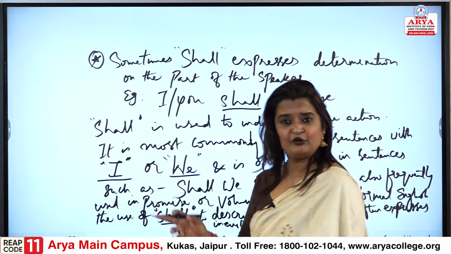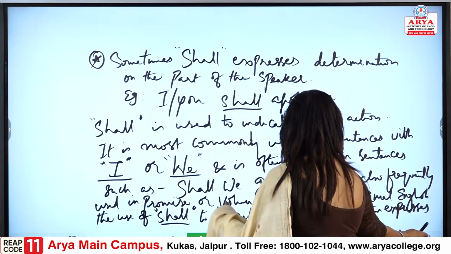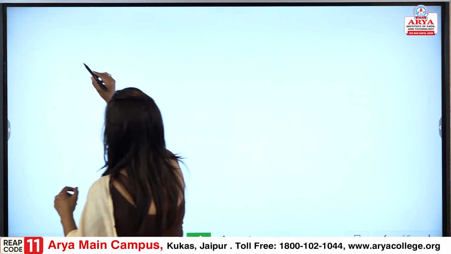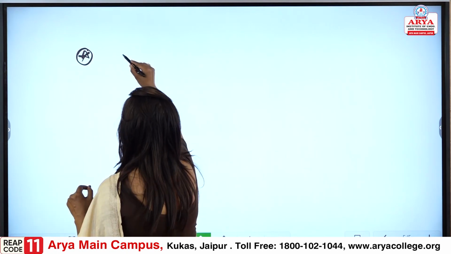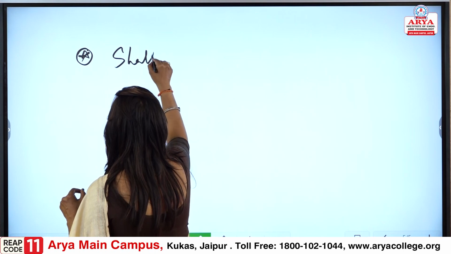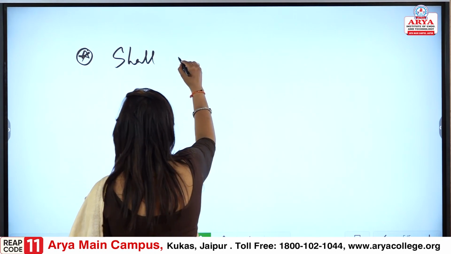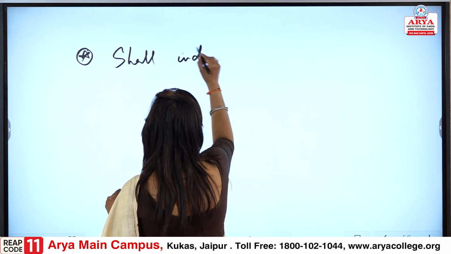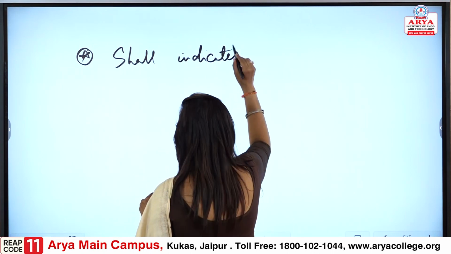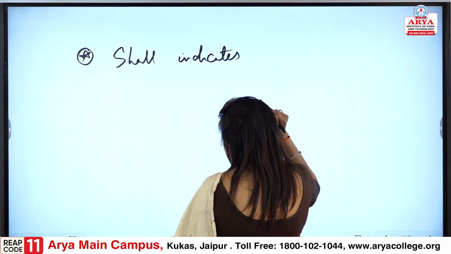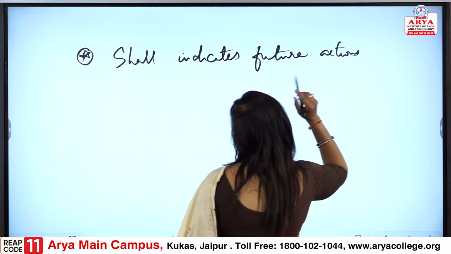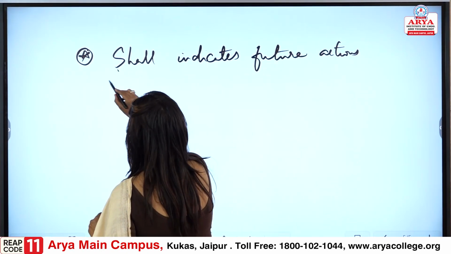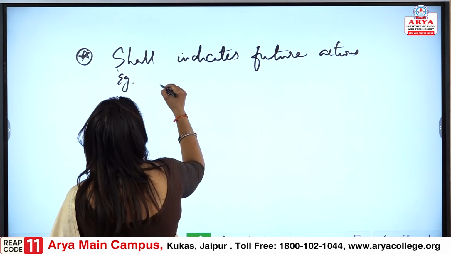Fine, and there are a few more things that we need to know. Let me proceed further. Yes, so one more thing, the next point that we need to remember is that shall also indicates future actions. Okay, let me give you the example.